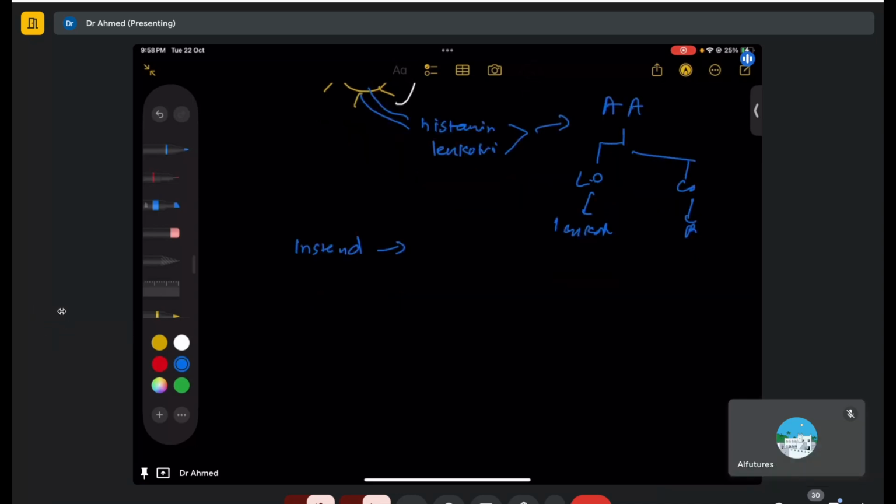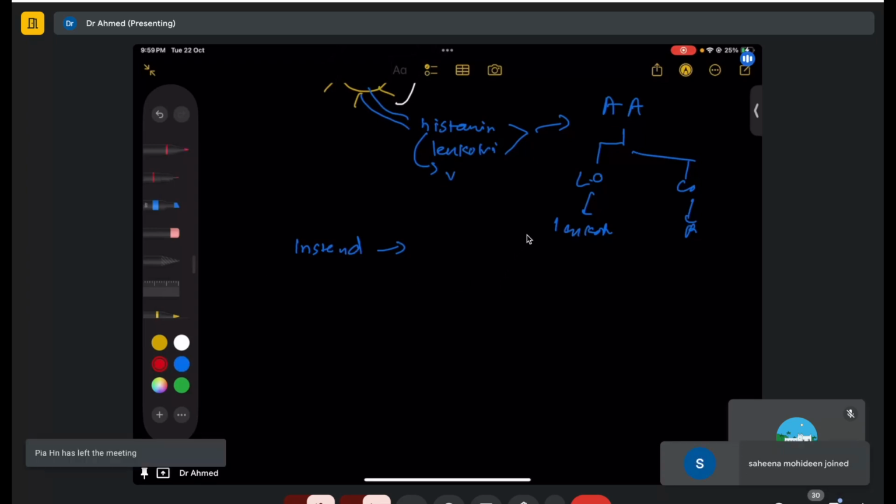Histamine is a vasodilator, so you will be seeing flushing. You can also see an urticarial rash. So in the early phase, you have a TH2 response, and IgE sits on the mast cells.